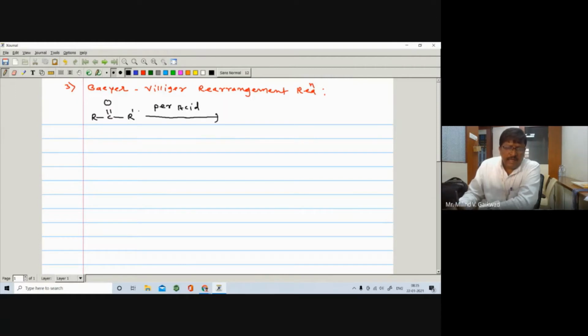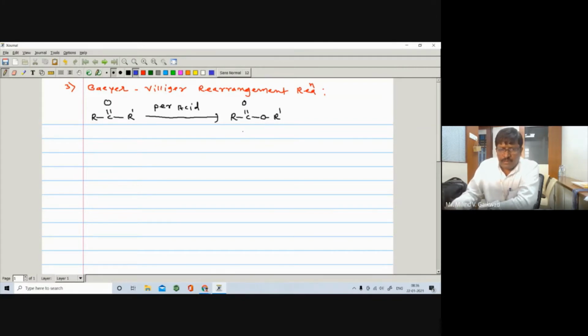It is observed that there is an introduction of oxygen between the R-C bond, and it will convert into the corresponding ester, R-C double bond O-R dash. So the starting compound is a carbonyl compound, either aldehyde or ketone, maybe open chain or maybe cyclic, and it will convert into the corresponding ester.